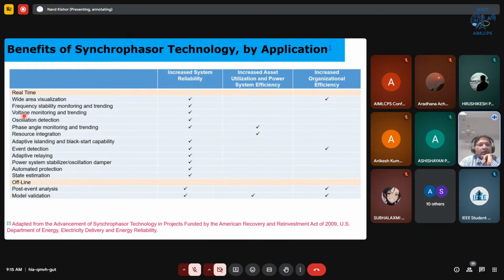Some of the applications referred to here are wide area visualization, frequency stability monitoring, oscillation detection, and state estimation, and post-event analysis of the data collected through the phasor data concentrator. It could also be possible to develop a theoretical model based on the experimental signals.